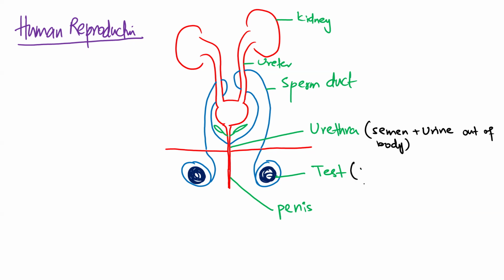Then testes, they produce two things. Anybody? One is sperms, or sperm and testosterone. Wow, testosterone, the hormone. Penis is the male reproductive part.